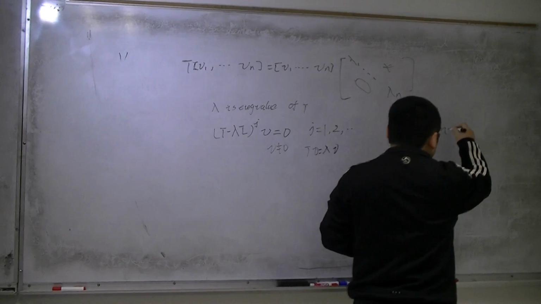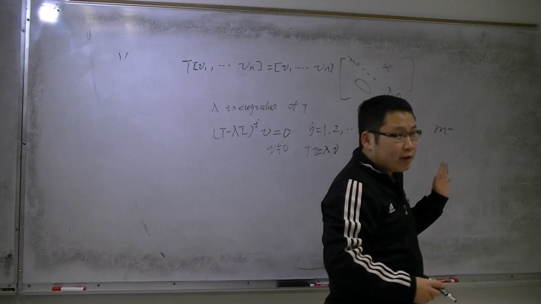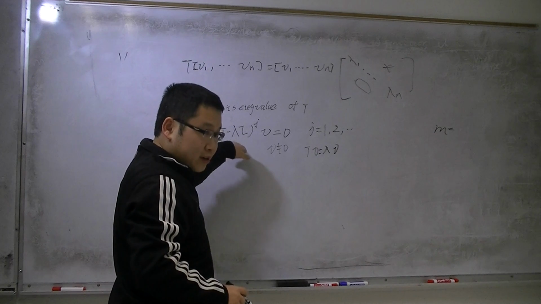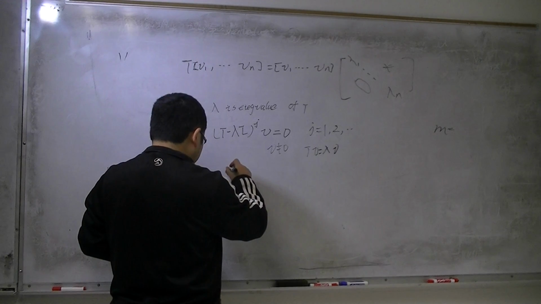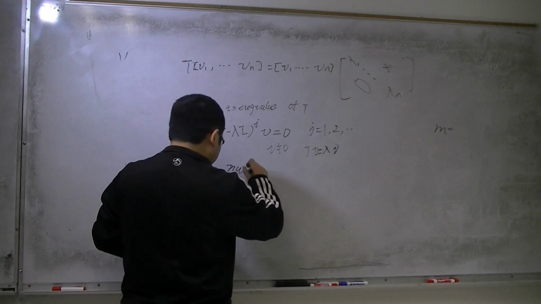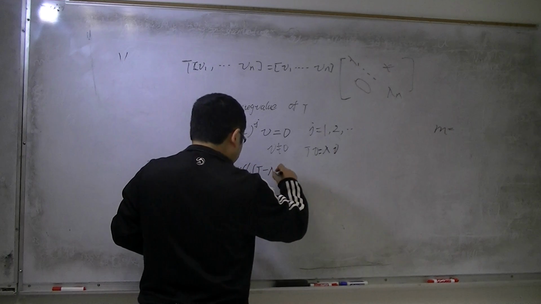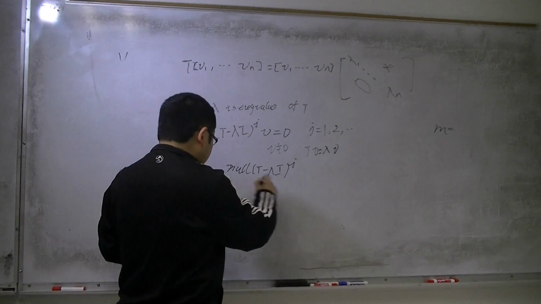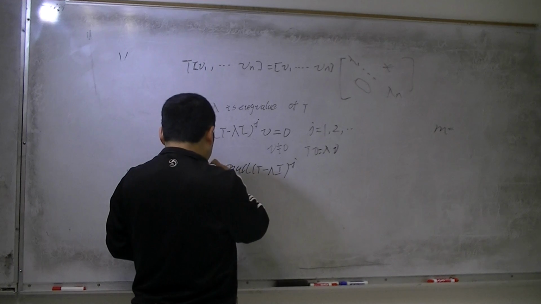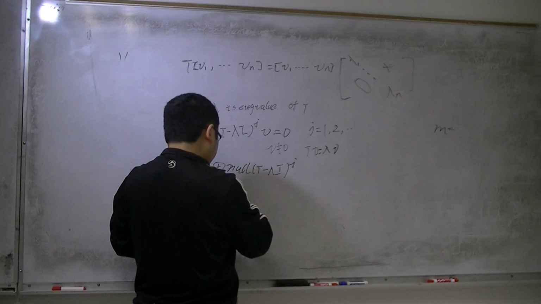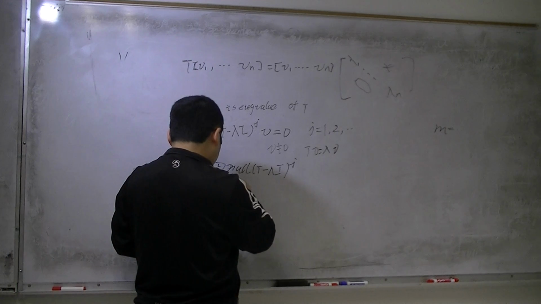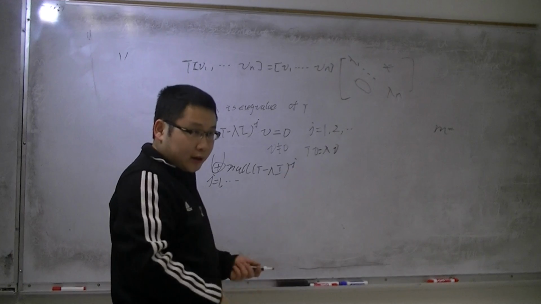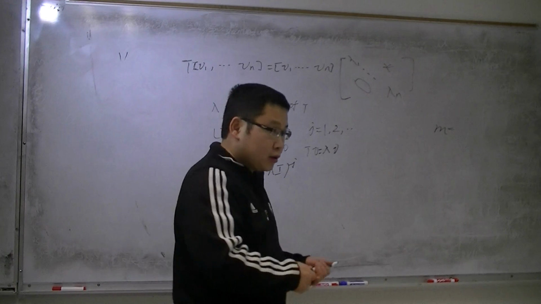Suppose we have m distinct eigenvalues. For each eigenvalue, we can compute this vector space, called the null space. Together, these give the general eigenvectors.